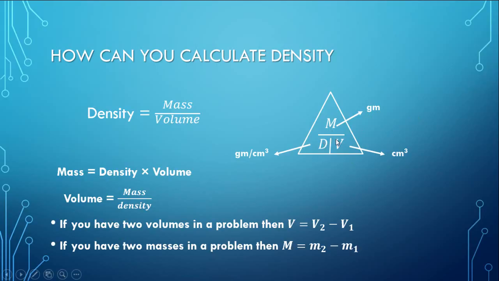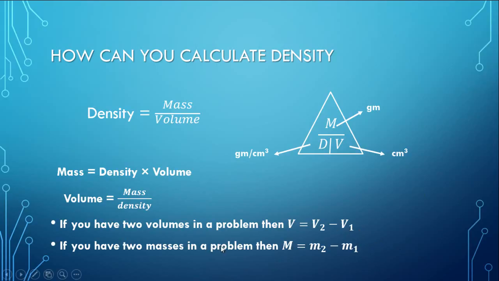It is equal to density times volume, and the volume by covering it is equal to the mass divided by density. But if we have two volumes in a problem, then V equals V2, which means the volume of the object plus the volume of water, minus V1, which means the volume of water only.